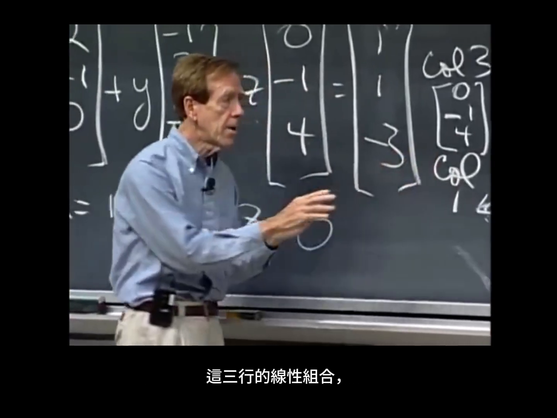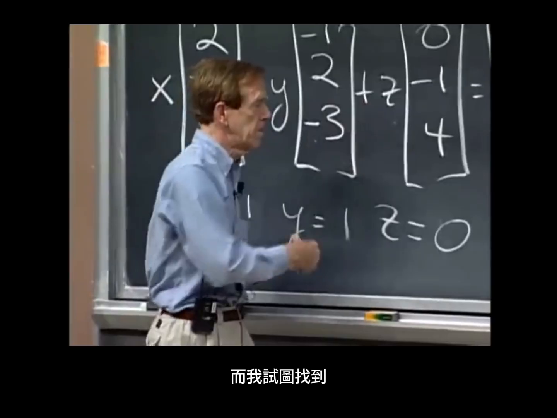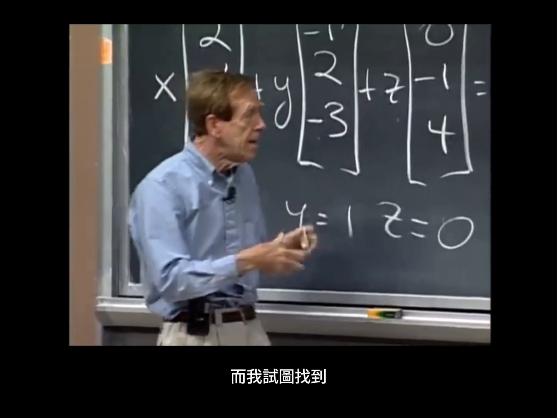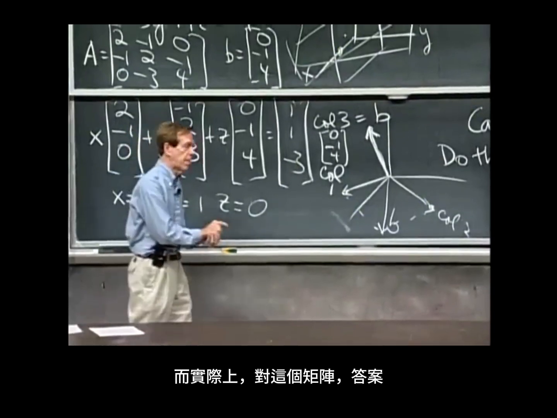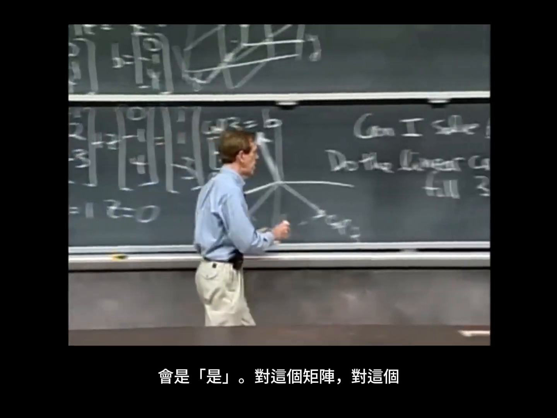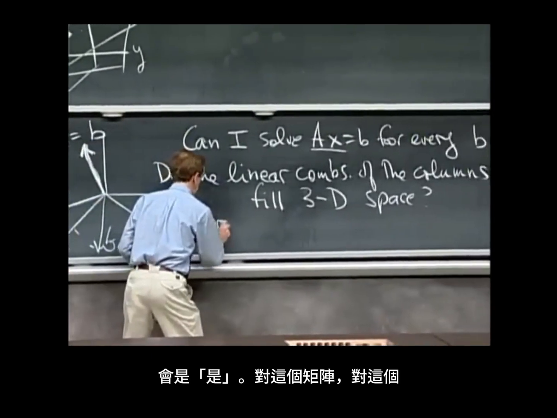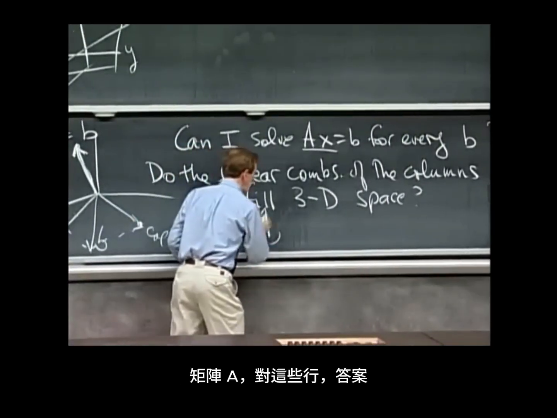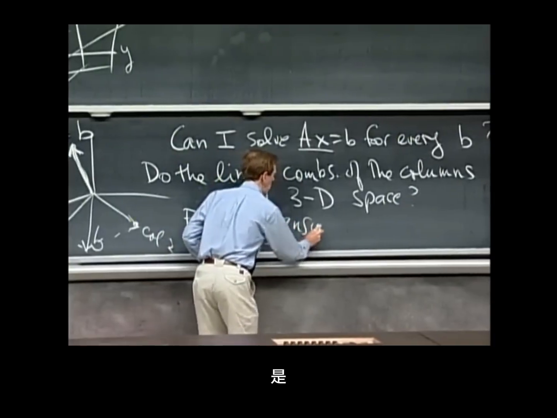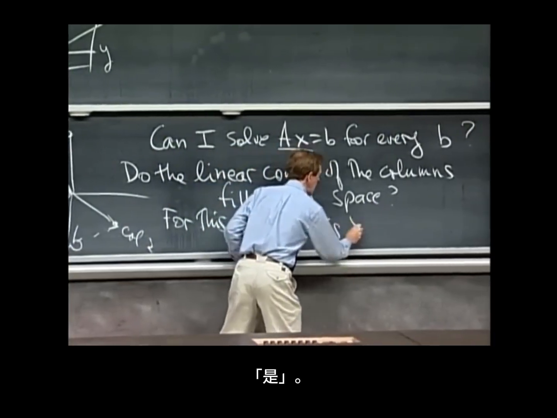I'm taking linear combinations of these 3 columns, and I'm trying to find B. And actually, the answer for this matrix A, for these columns, will be yes.